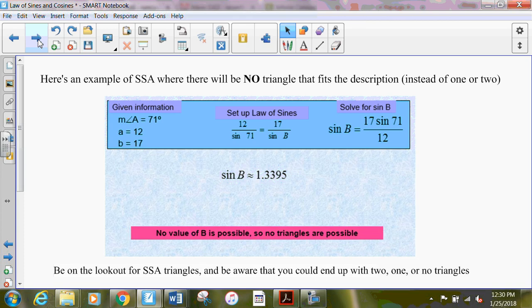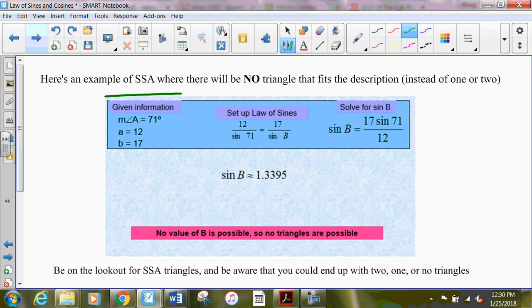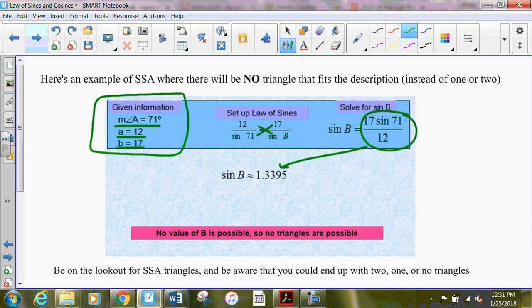And in this case, they're going to give us another example where we're given an angle, a side and a side. We can tell it's angle side side just because they keep giving us angle A and side A and then side B. We're going to cross multiply. And when we put this part into our calculator, we see that it gives us 1.3395.